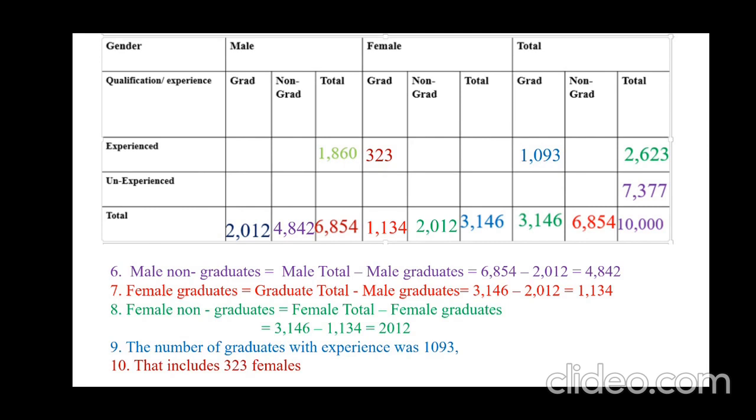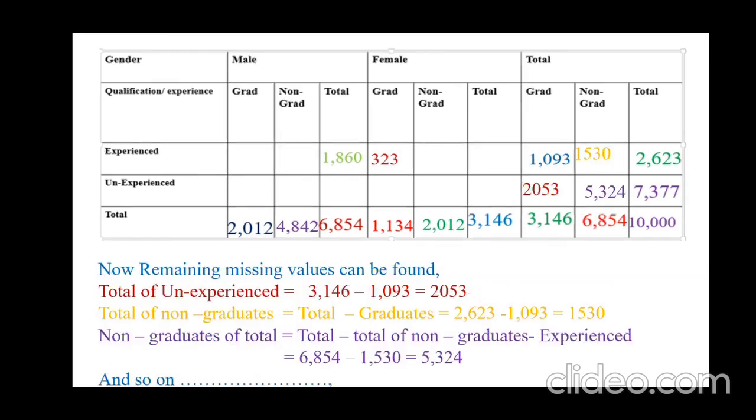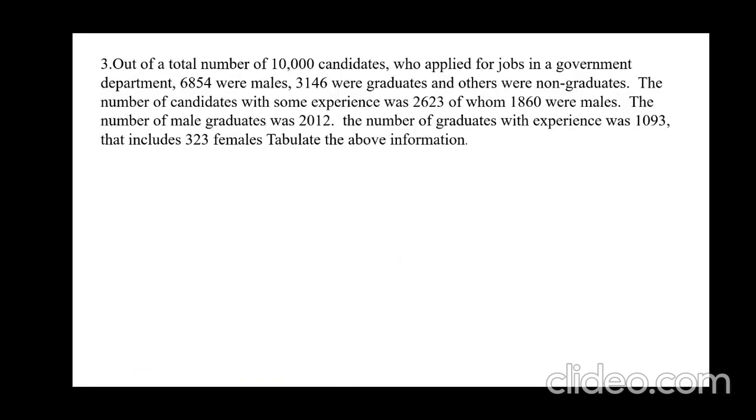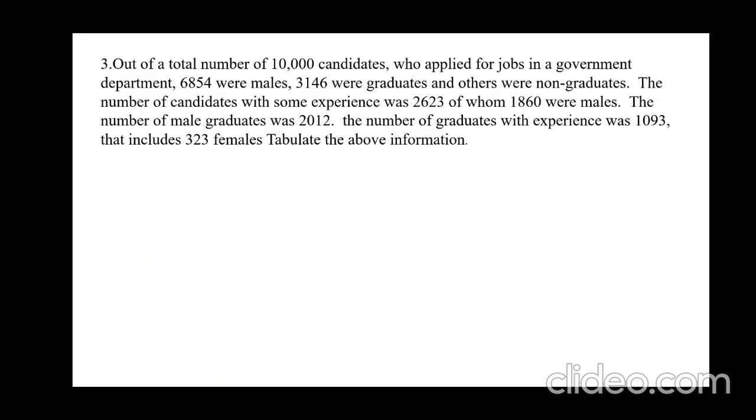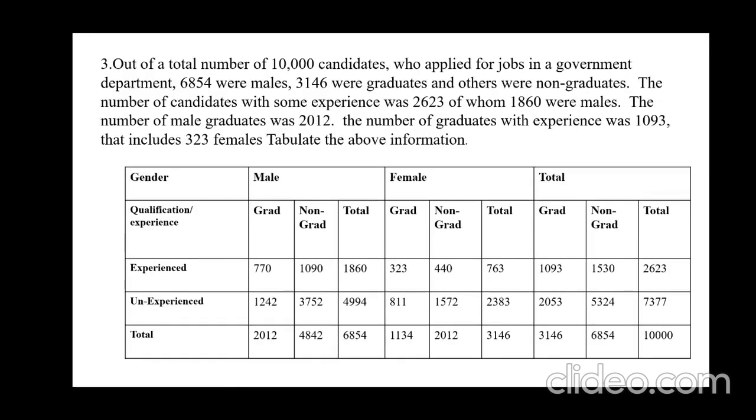Likewise, we can repeat that and the entire remaining values can be completed. See that? So in this way we can find the missing values. See that, 3146 minus 1093 is 2053. So all the remaining values can be found, and you will get the complete table.